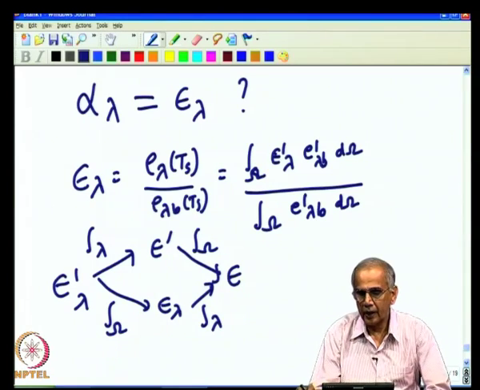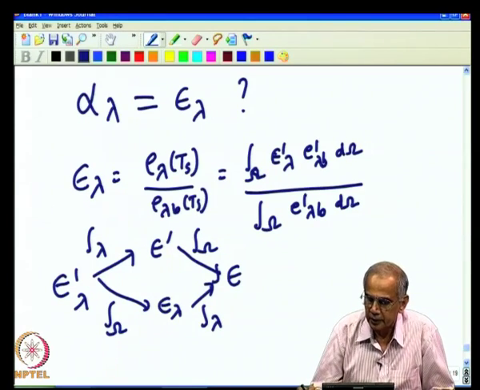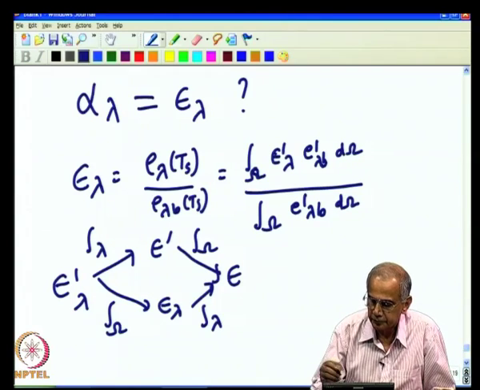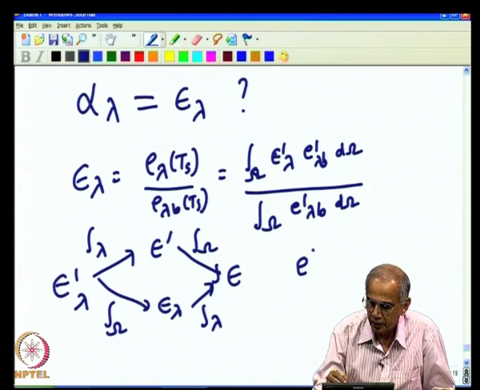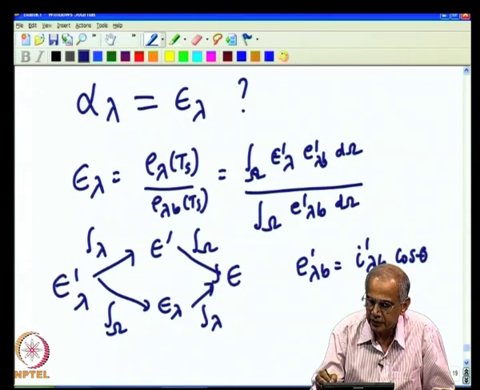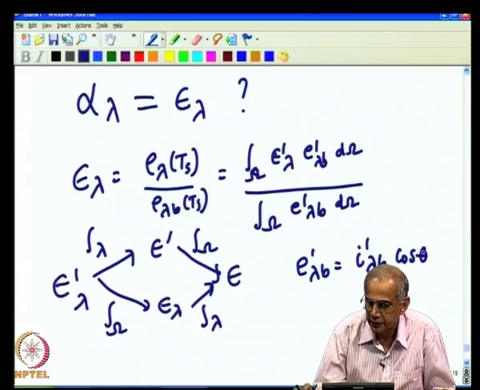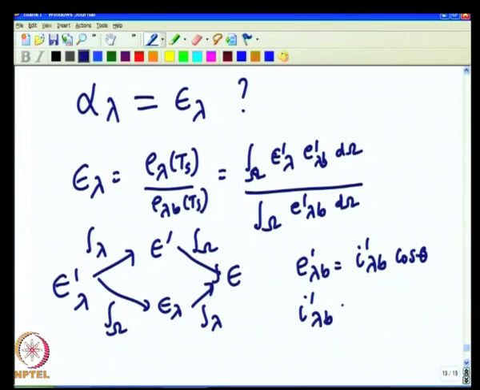Now, remembering the fact that E prime lambda b is nothing but I prime lambda b cos theta from the basic definition of intensity, and the fact that I prime lambda b is not a function of theta and phi, both these we know.